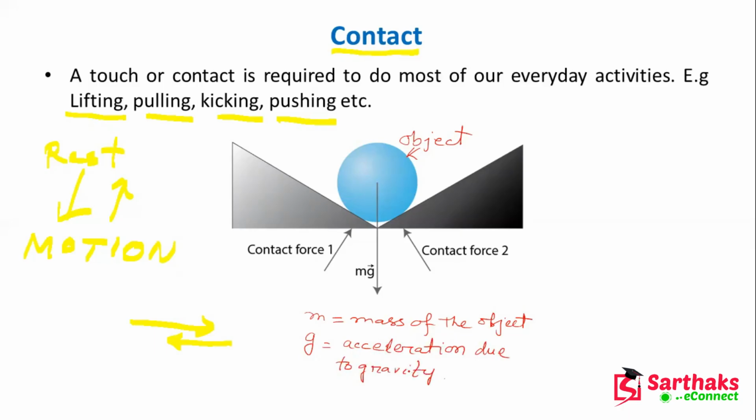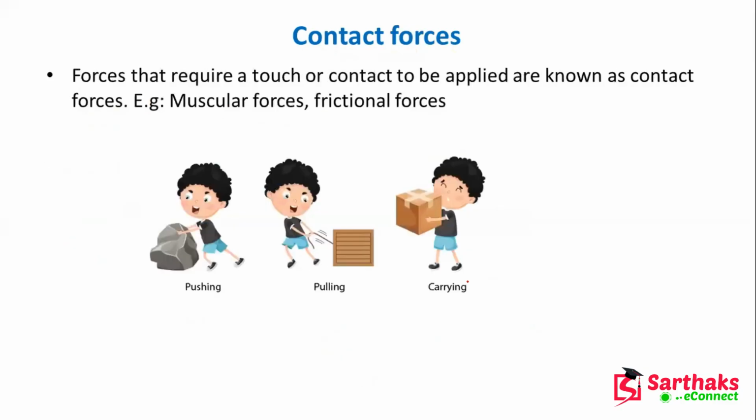This acceleration is in this direction. So m into g is the total force applicable towards the ground. And there are two slanting surfaces here which also create some force, that is contact force 1 and contact force 2. Okay, so this is the meaning of the contact.